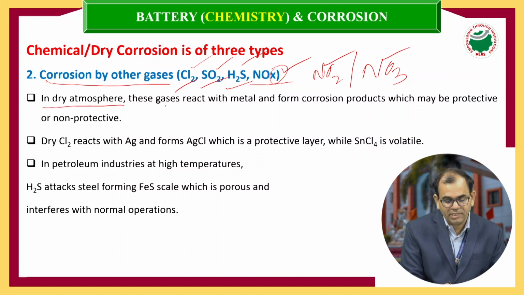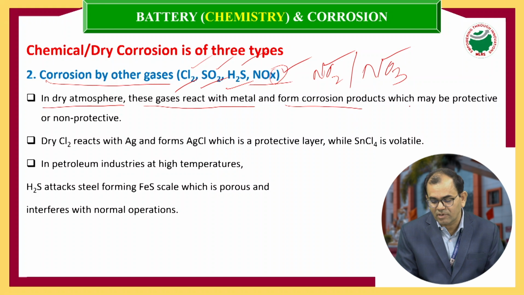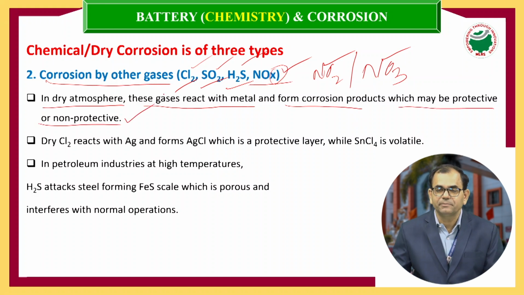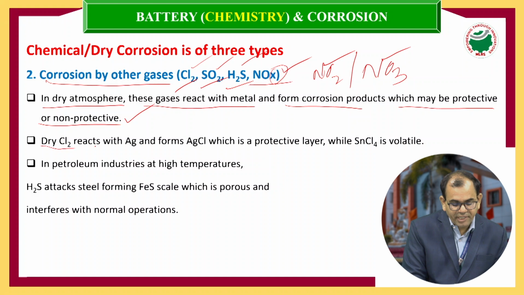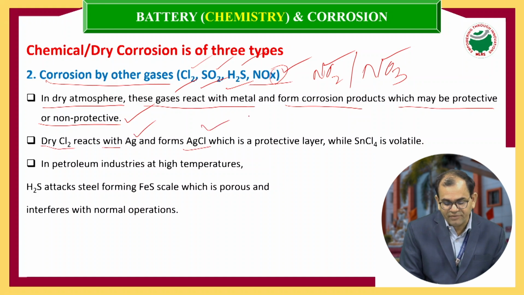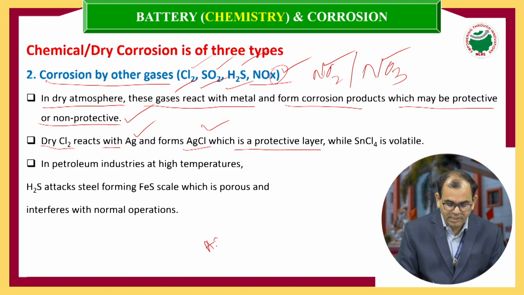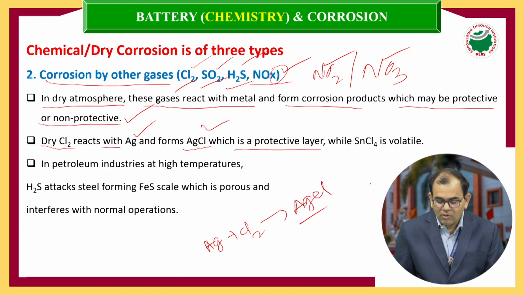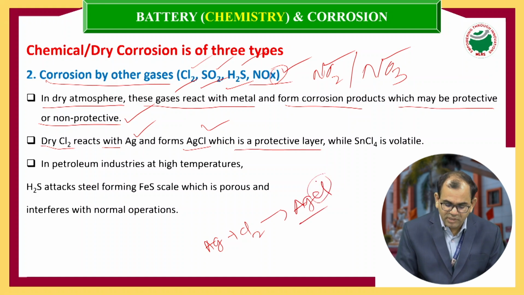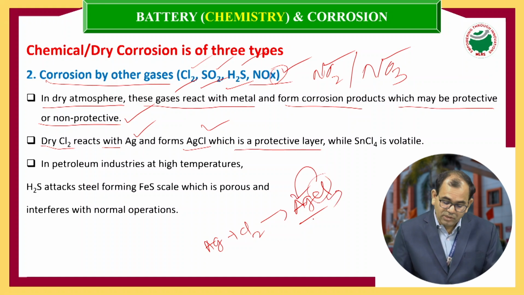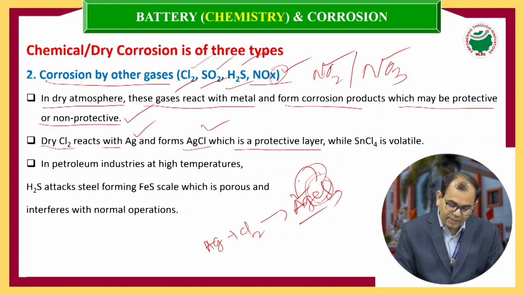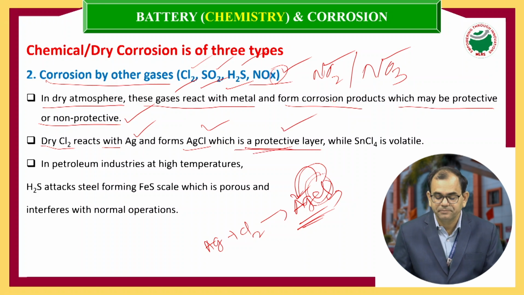In a dry atmosphere, these gases react with metal and form corrosion products which may be protective or non-protective. Dry chlorine reacts with silver and forms AgCl, which is a protective layer. For example, Ag with chlorine gas forms AgCl. So the chlorine has come in contact with the silver, but this is not leading to corrosion. The chlorine in contact with the silver is helping as a protective layer to the silver, Ag.